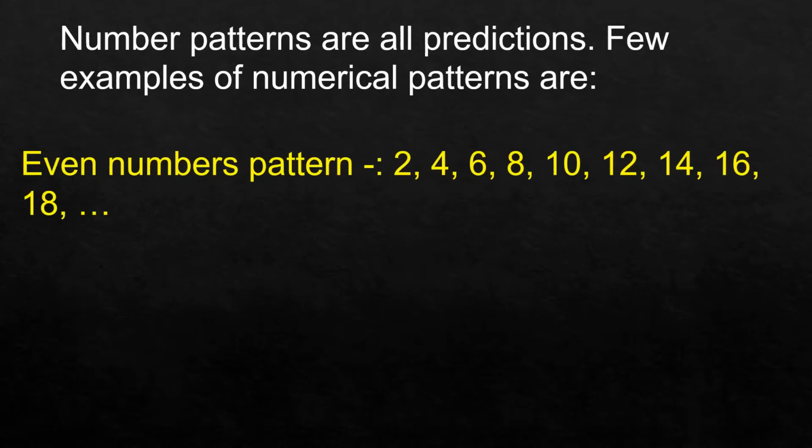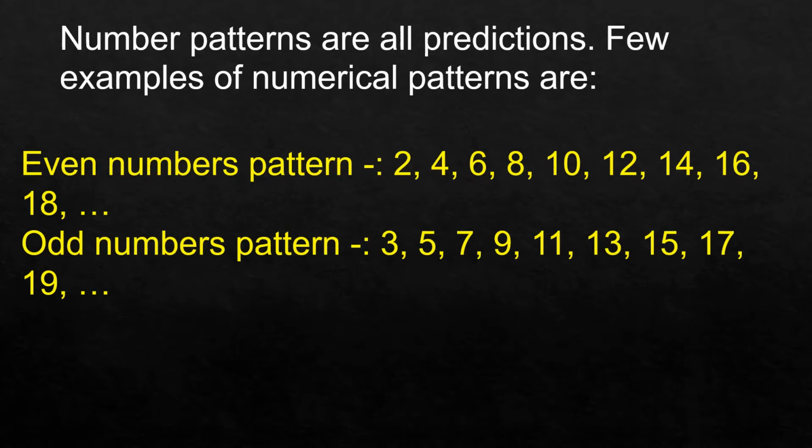So, this is the even number pattern, that is 2, 4, 6, 8, 10, 12, 14, 16, 18 and so on. Odd number pattern, that is 3, 5, 7, 9, 11, 13, 15, 17, 19 and so on.